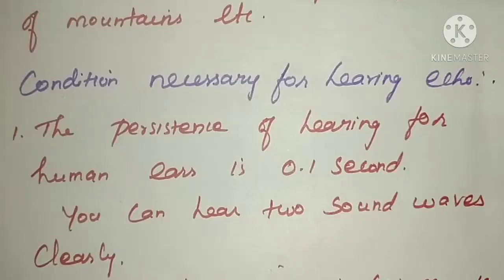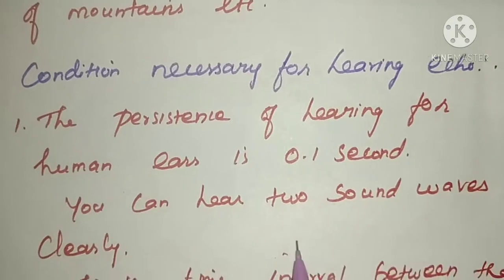Next we are going to learn the condition necessary for hearing an echo. Okay, so if you are standing in any room in our house and you are talking, we cannot hear the echo sound. Do you know why? So, certain conditions are necessary for hearing an echo. That only we are going to learn one by one.